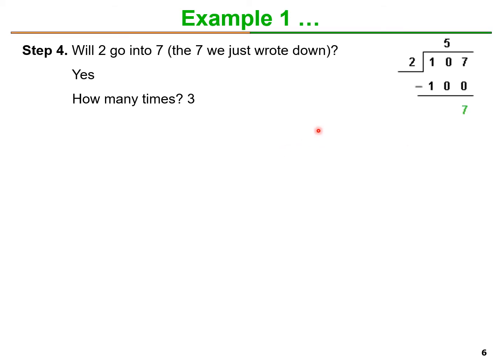Now at this point, will 2 go into 7? We're looking at this 7 right here. Yes. So I ask myself, what number can I multiply 2 by to get as close as possible to 7 without going over 7? Well, 2 times 3 will give me 6. So 2 will go into 7 3 times without going over.